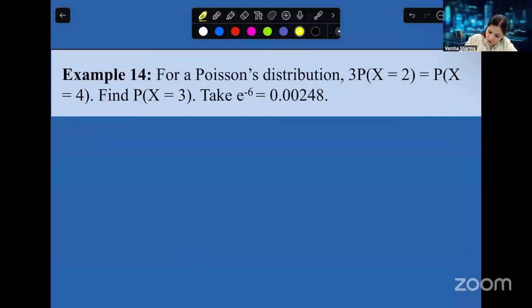Our Poisson distribution is given as 3P of 2 equal to P of 4. So thrice e^-λ λ^2 by factorial 2 equals e^-λ λ^4 by factorial 4. e^-λ will cancel from both sides, and the 2 also cancels.